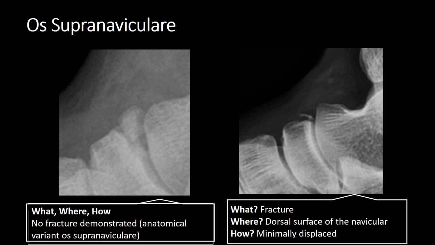Let's compare it to an avulsion fracture. Here we can see the tiny sliver of bone that has been pulled off. Whilst we can't quite see the location that it's been torn off, we can see that the cortex here ceases, and that would suggest that that little bit there has been pulled off the adjacent navicular.